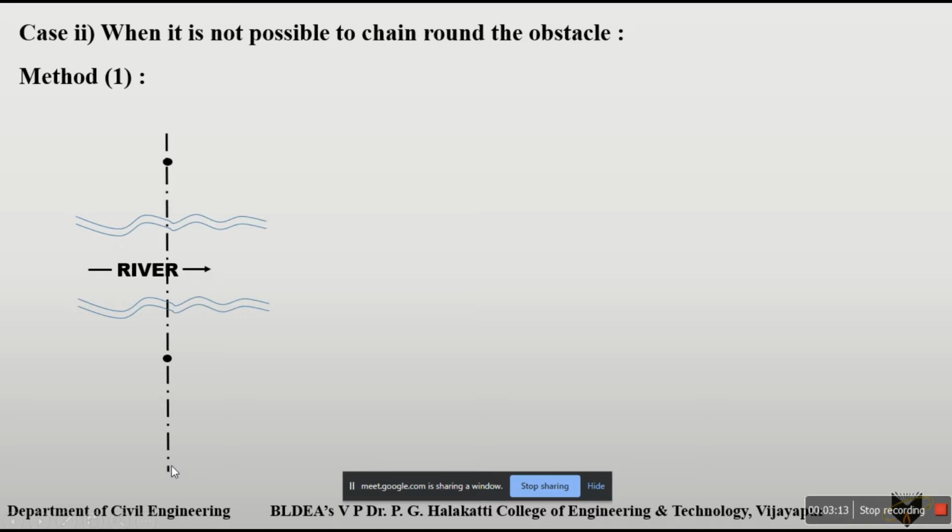Now we have to measure the distance from this point to this point, that is A to B. Procedure: along the chain line, select one point on this side, that point is B. Then select two points on the other side, one point is A and one more point is C along the chain line.